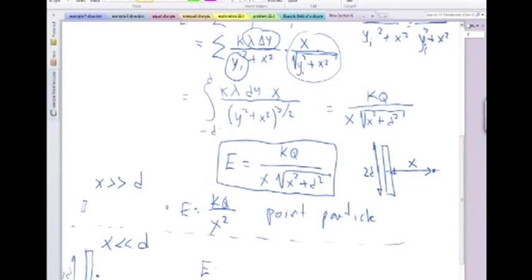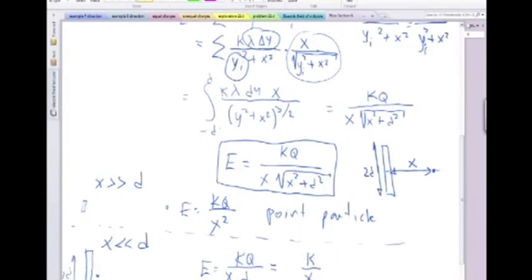Okay, q over... There's nothing you can do about this x out here. That is determining, when x is small, that's making the electric field big, which is what you expect. But the square root, you can just simplify by ignoring the fact that there is an x there. So that is the square root of d squared, that's a d, right? So you get k over x, and q over d.